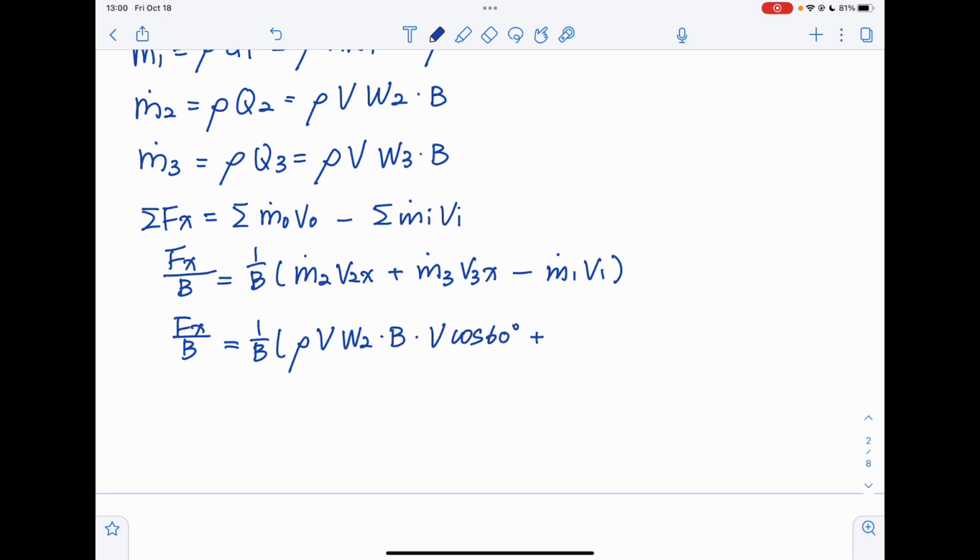And similarly for point 3, rho times v times w3 times b, also times cosine 30 degrees, and minus rho v w1 times b times v.